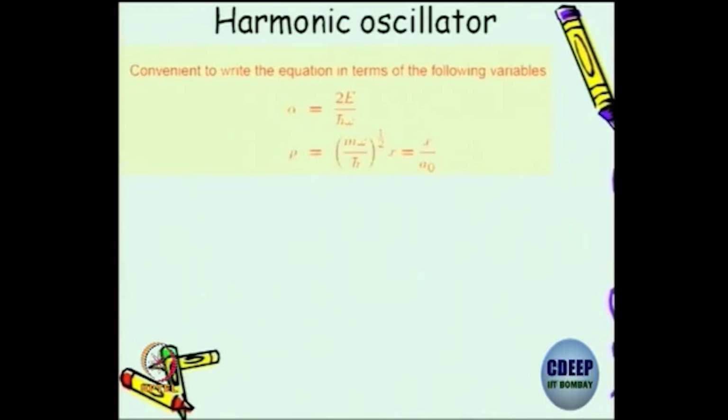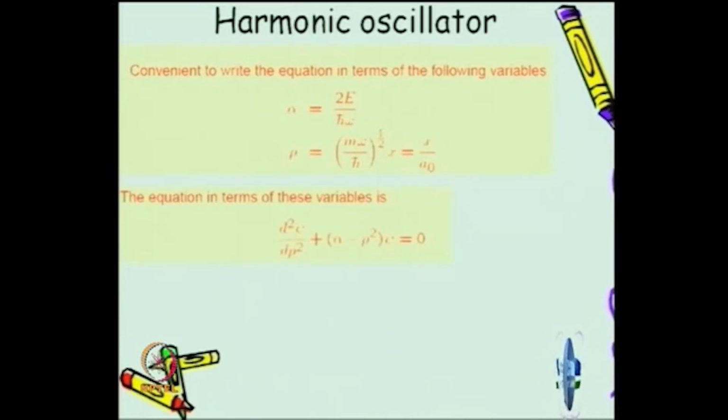Okay, so for convenience, just to make the equation look neater, we will redefine the energy to be proportional to alpha with this proportionality constant. Similarly, instead of x, we will put in a factor pre-multiplying it and call that rho. You can also write x by a_0, where a_0 is this factor. a_0 is the square root of h cross by m omega. So once you substitute into the time independent Schrodinger equation, please verify this in terms of the alpha variable and rho variable.